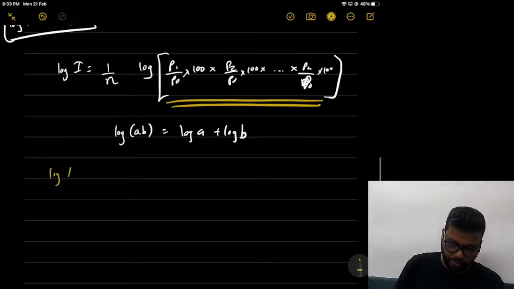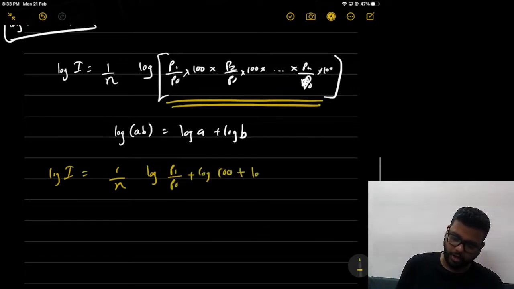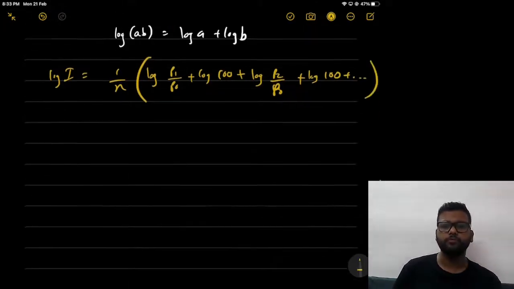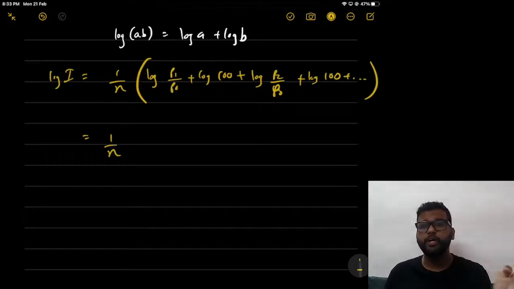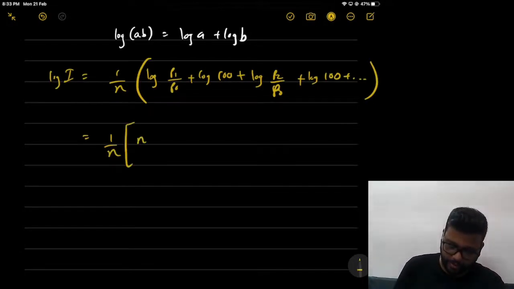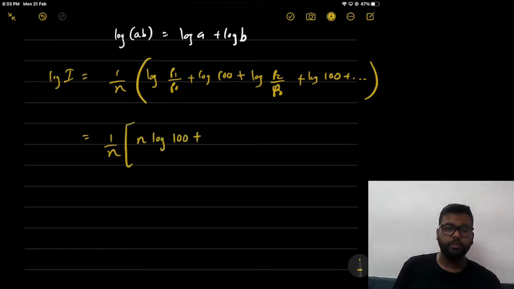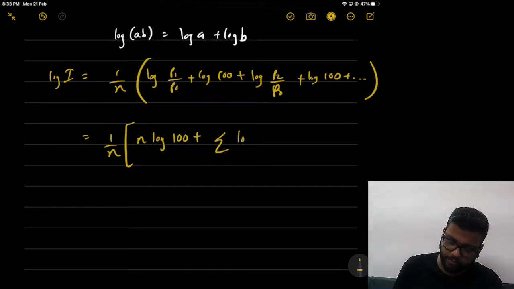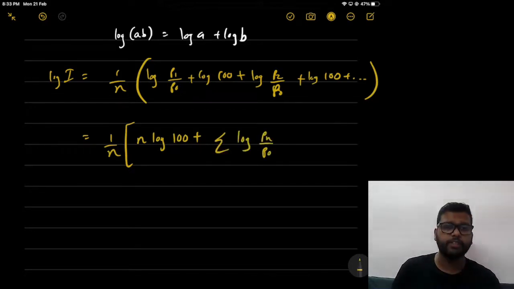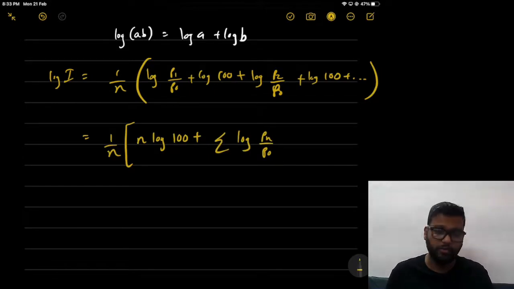So log I will become 1 by n into log P1 by P0 plus log 100 plus log P2 by P0 plus log 100 and so on up to n terms, right? Now let's just combine the terms. 1 by n, log 100 plus log 100 plus log 100 n times. That means n times log 100, n log 100 plus log P1 by P0 plus log P2 by P0 plus log P3 by P0. That means summation of log Pn by P0. We are just taking sum of all the relatives' log, right? Log of all the relatives. Fine.